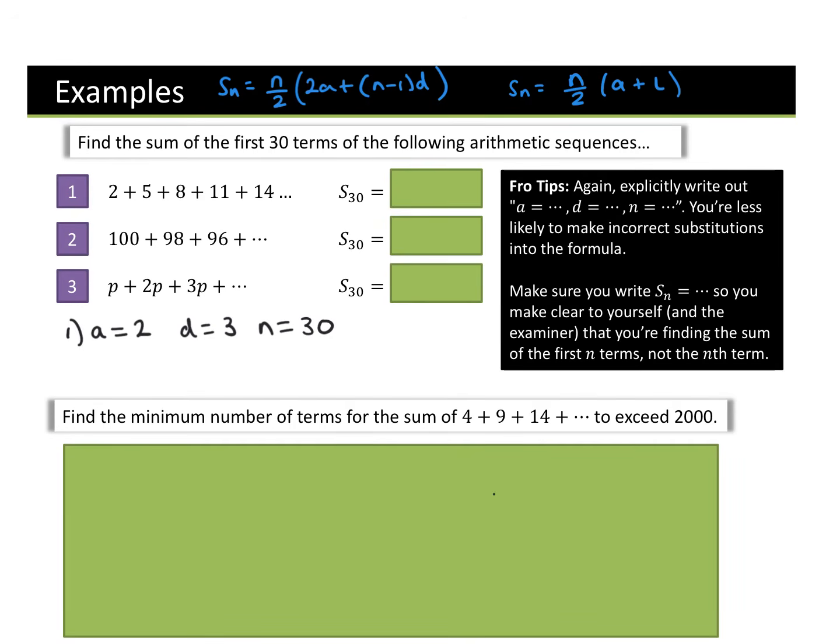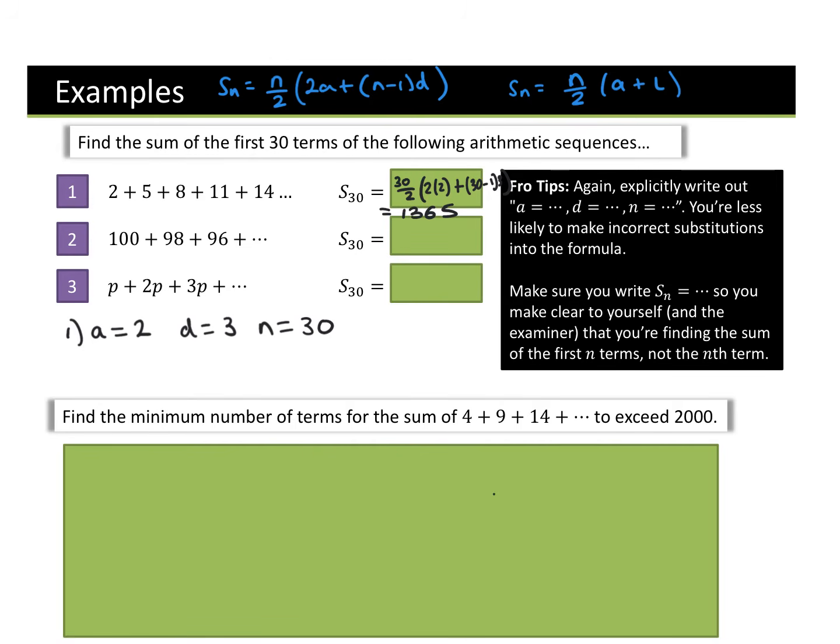Okay? So, for the first one, I'm literally going to substitute this in. I'm going to have 30 over 2 lots of 2 plus 30 minus 1 multiplied by 3. I'm going to put that into the calculator, and it's going to give me S30 equals 1365.